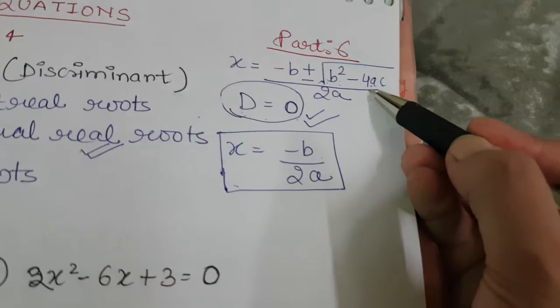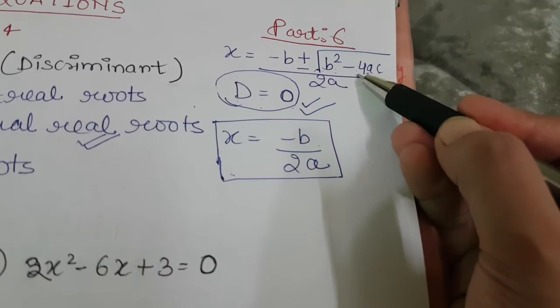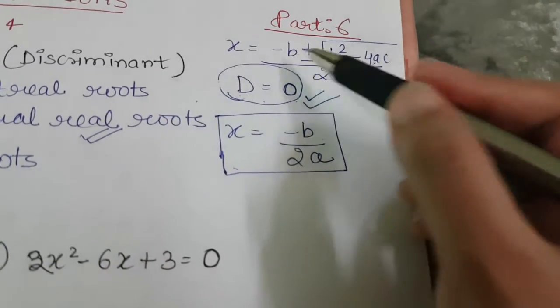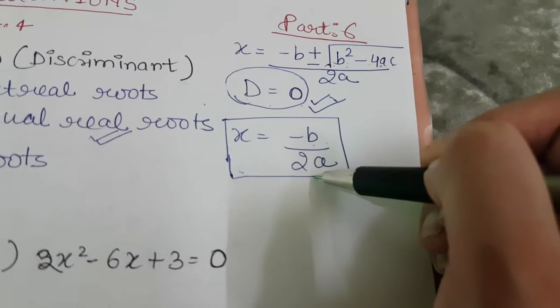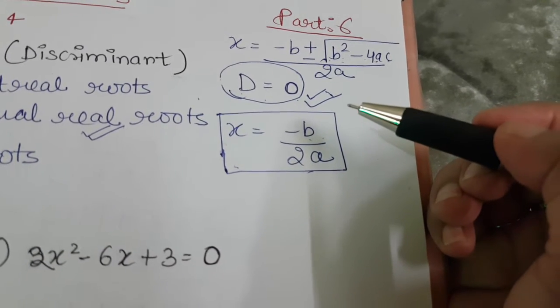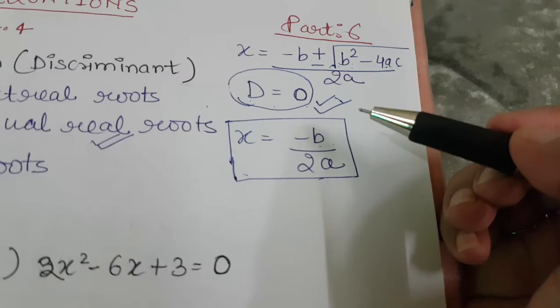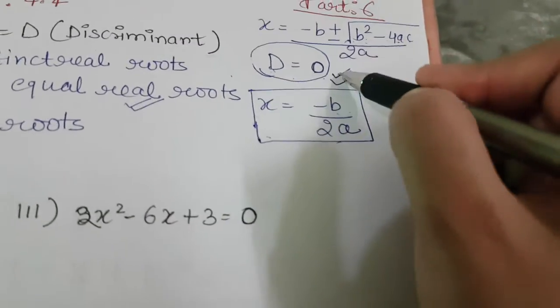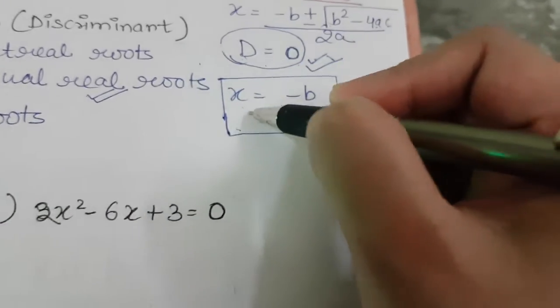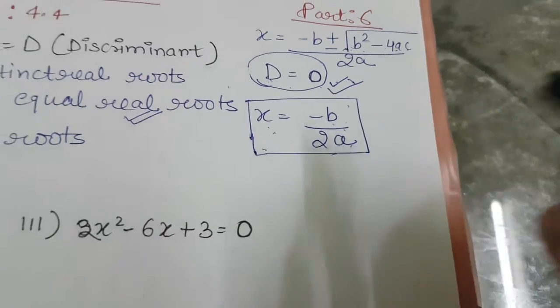You can put the full formula also, then you will put 0 there and the root of 0 will be 0, so it will be solved by the same formula, minus b upon 2a. So just keep it in your mind, it will save your time in board exams: if D is equal to 0, the formula for finding the root is minus b upon 2a.